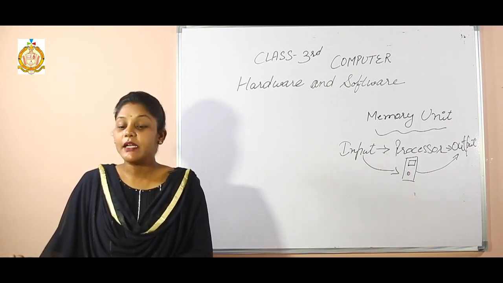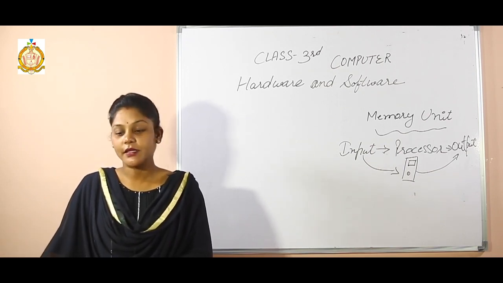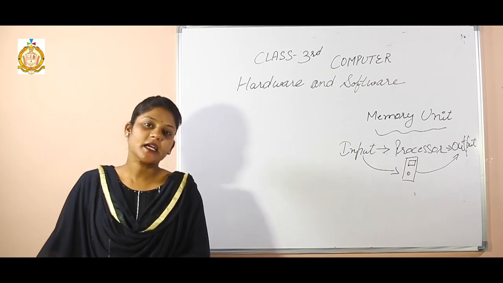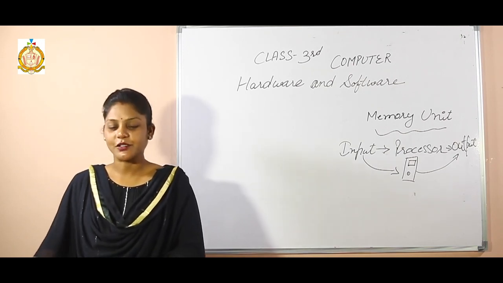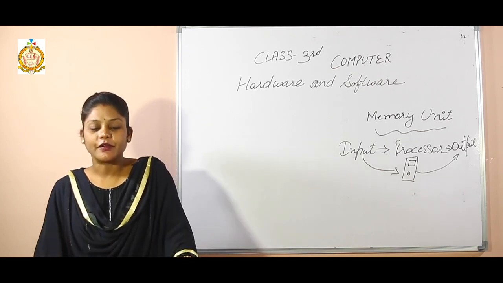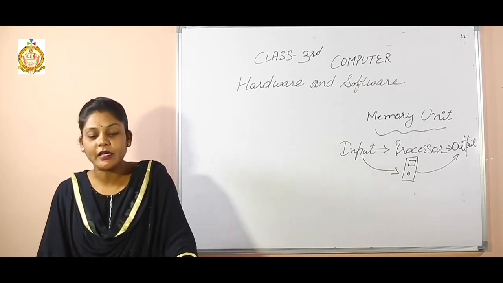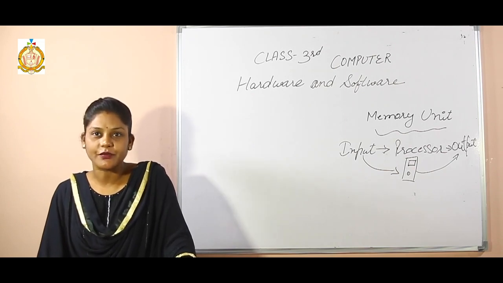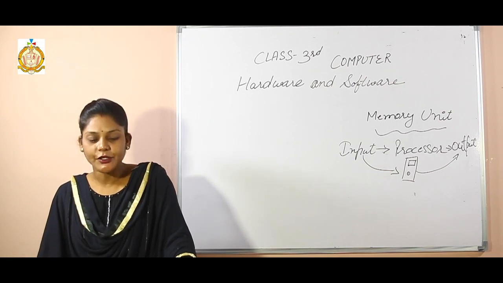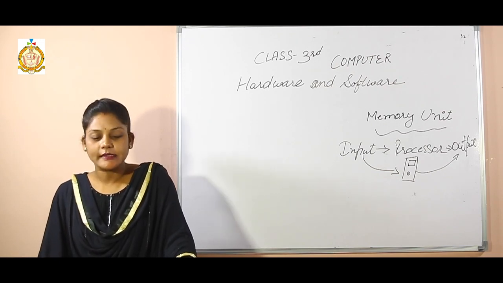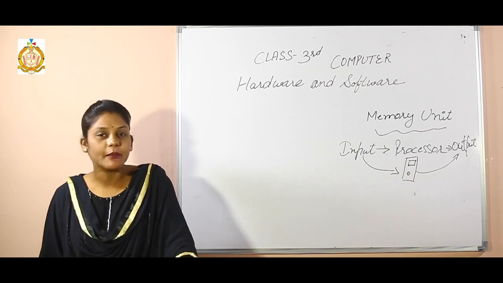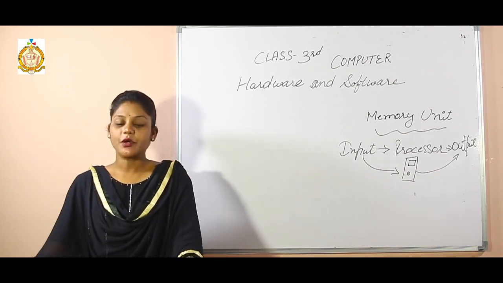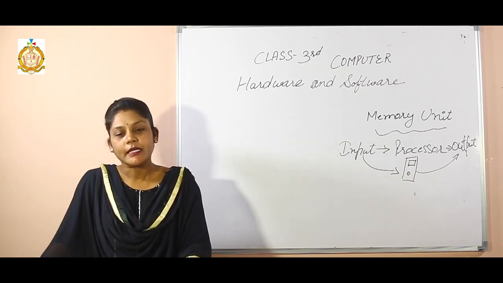There are mainly two types of software. First of all, there is application software and another is system software. Application software is the software that performs specific tasks for the users, also known as an app. Examples of application software are given on page number 15, Microsoft Word or MS Word.